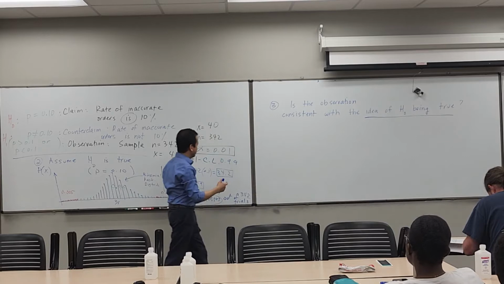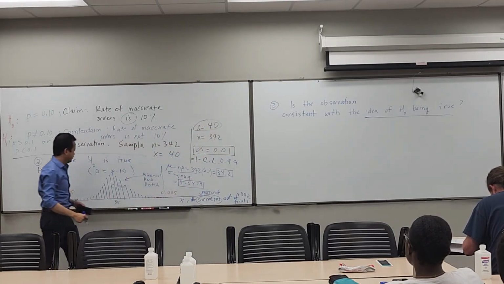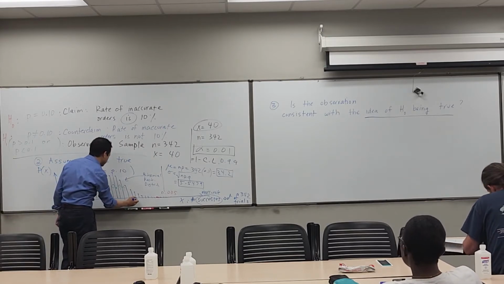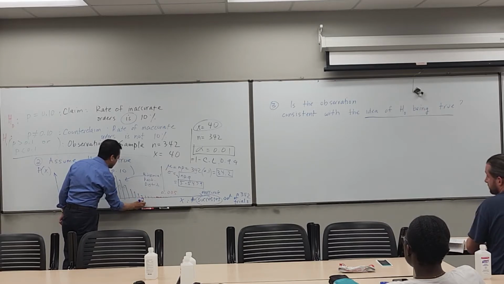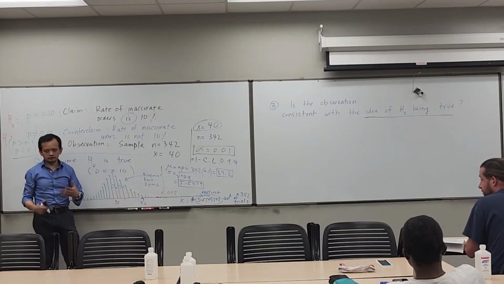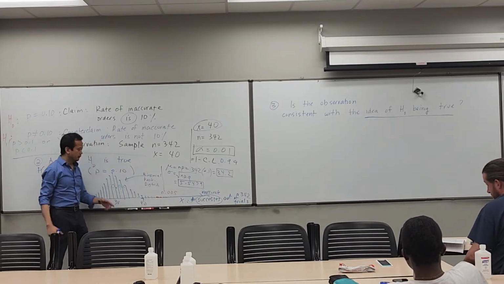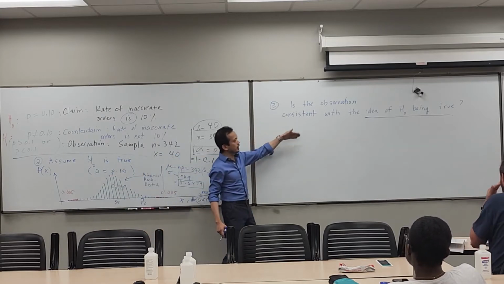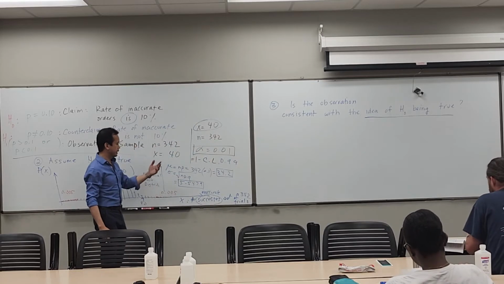So if you have an observation, in this case x is 40, let's say 40 is here. I happen to draw it in the body of the distribution, but right now that's just a guess. Later on, we might conclude that it's actually in the tail. If the observation is actually in the body, then the answer to this question is yes, the observation is consistent with this distribution representing the idea that H0 is true.